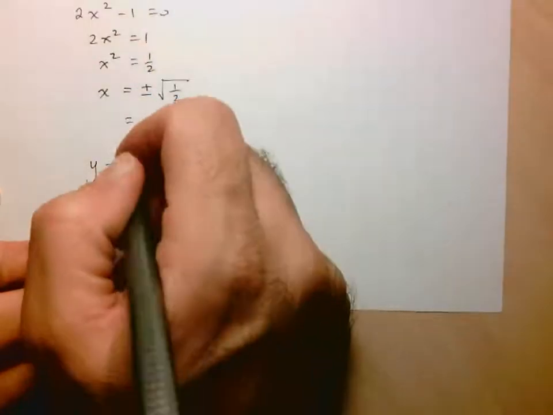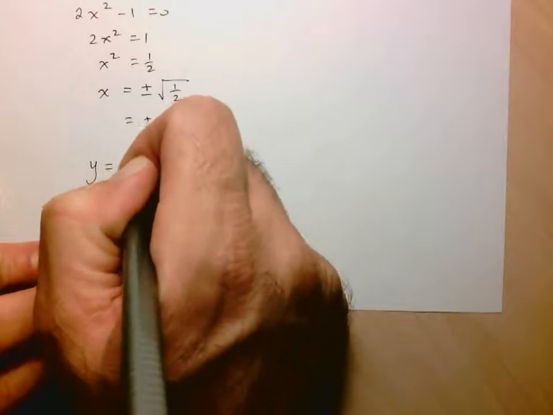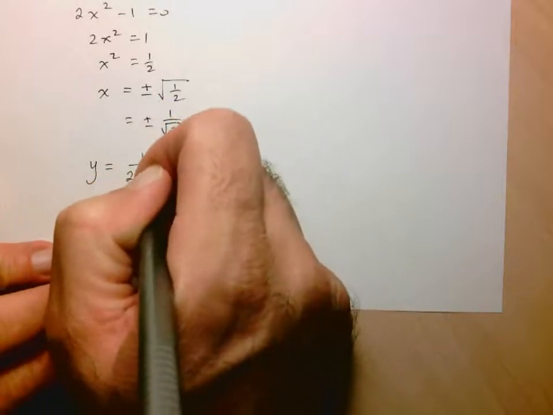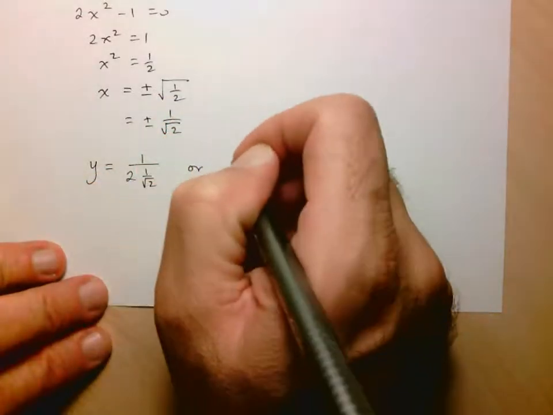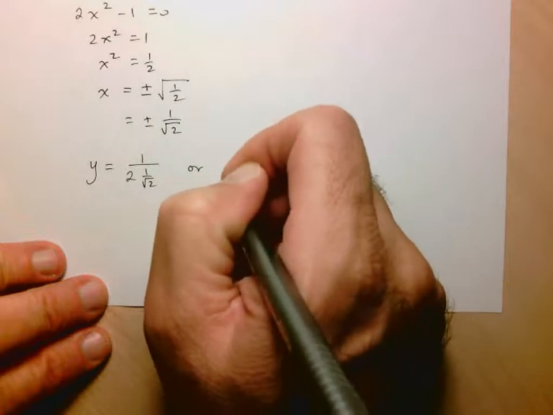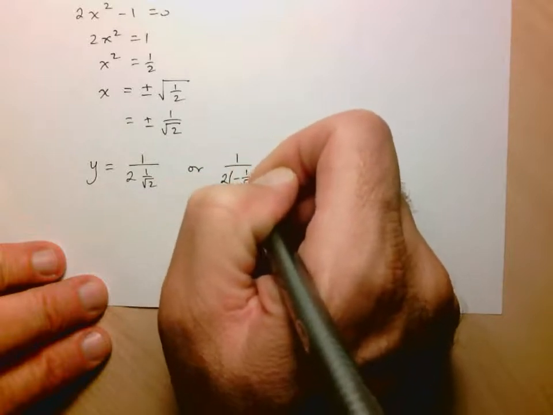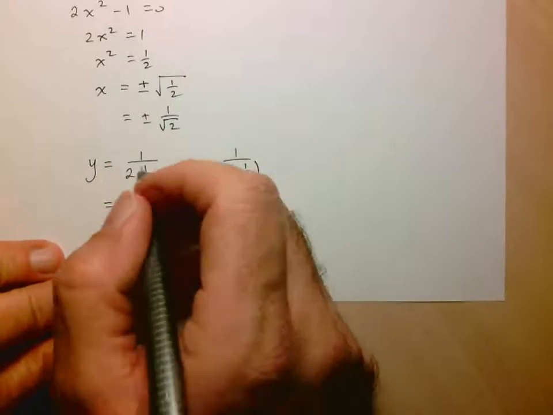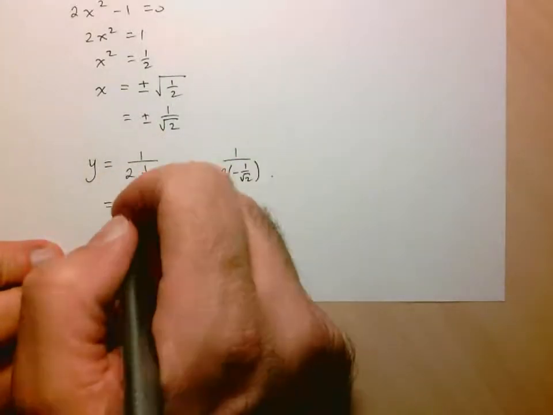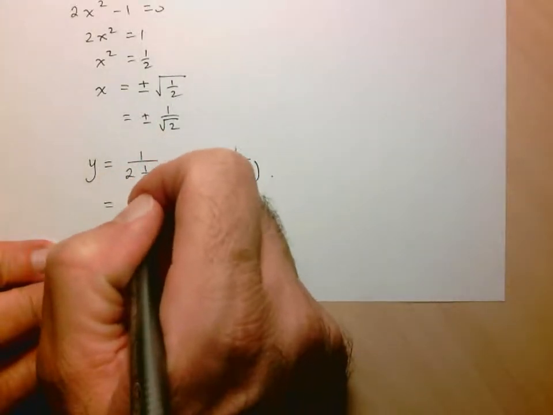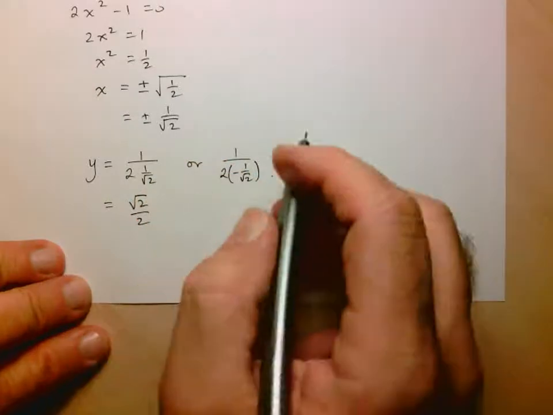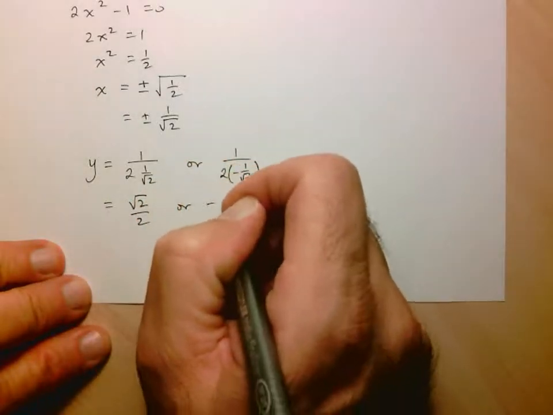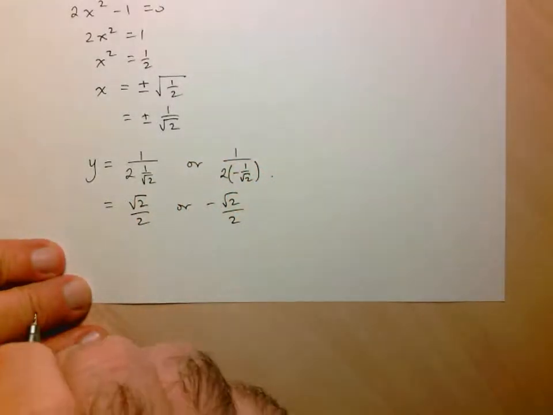So y is equal to 1 over 2 times 1 over root 2, or y is equal to 1 over 2 times negative 1 over root 2. Let's simplify: dividing a fraction, this can be written as root 2 over 2, and this would just be negative root 2 over 2.